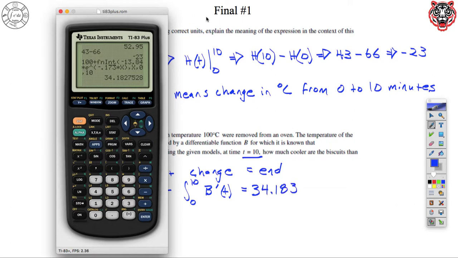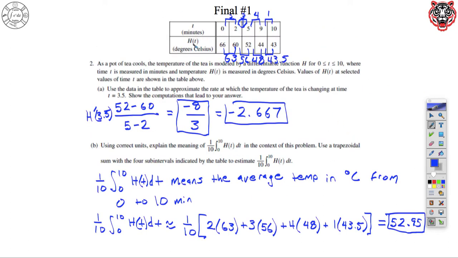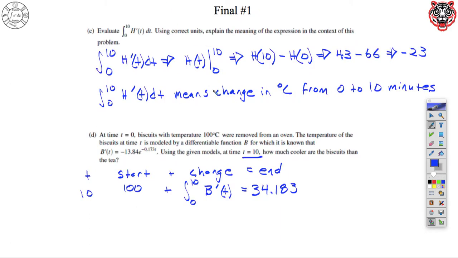34.183. Okay, so keep in mind the context of the problem. This thing represents the temperature of the biscuits at time equals 10. Great, we found it. But now we need to answer the question, how much cooler are the biscuits than the t? Well, we found how much the t is at time equals 10. If I come back over here, the heat of the t at time equals 10 is 43. So my final answer, 43 minus 34.183. I was making sure I wasn't doing this backwards.